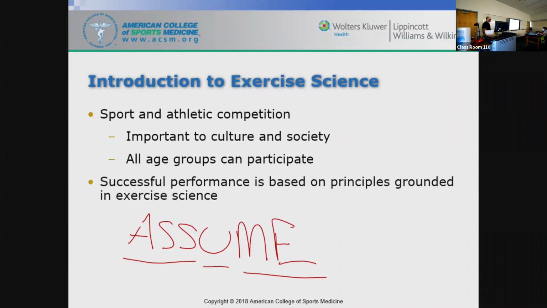And successful performance is based upon the principles that are grounded within exercise science. I mentioned last time the science portion is the big important part there. It involves a systematic attempt to explain what is happening, and it needs to be fairly rigorous and publishable so that someone else can look at it and say whether or not the methods were done correctly, or if there were any major flaws in which the conclusions aren't maybe true.